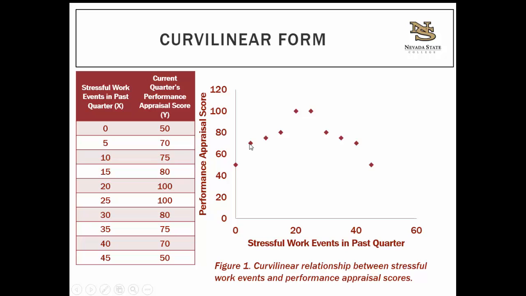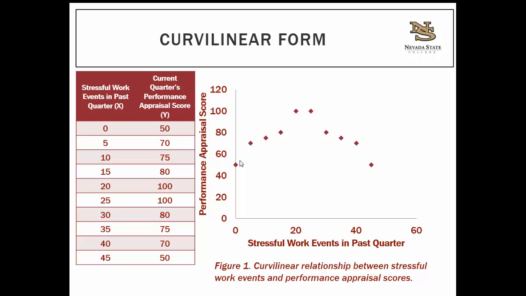Now, this is made up data, but it's based on past research that suggests that when you have really low levels of stress or really high levels of stress, you have worse performance than when you have moderate levels of stress. So if you think about it, if you have really low levels of stress, maybe there's just no motivation to do any work. Nobody's breathing down your neck. There's no hard deadlines. You're just kind of slacking off and nobody cares. You're not even stressed about it.